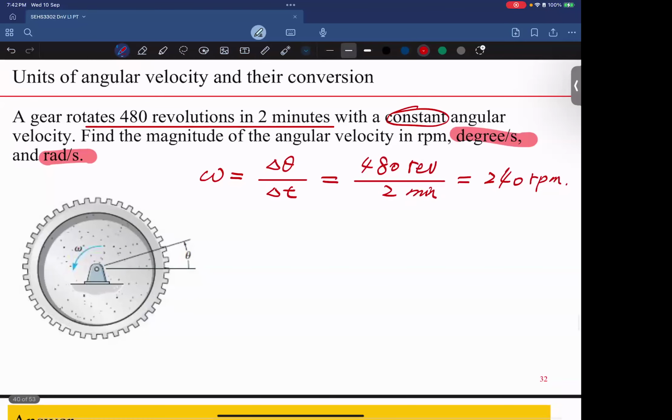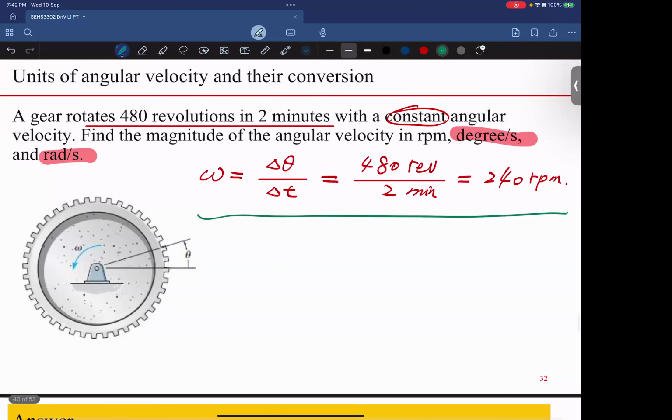Actually, this kind of conversion is quite easy, and maybe this method will also be used in other subjects. I'll just show you this simple way to do it effectively, and then you can apply it in other subjects.